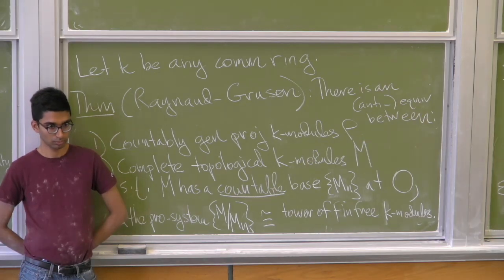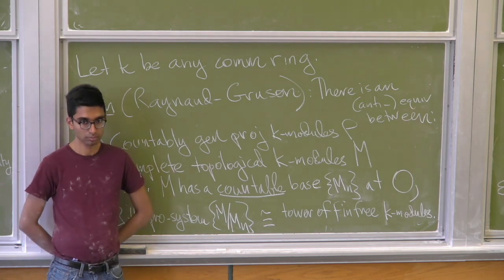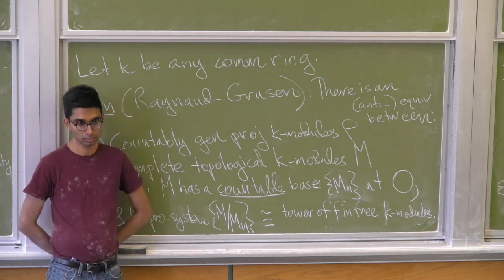I don't remember a counterexample, but such an example exists. And this is at least one of the reasons why the formulation of the theorem is a little bit complicated.